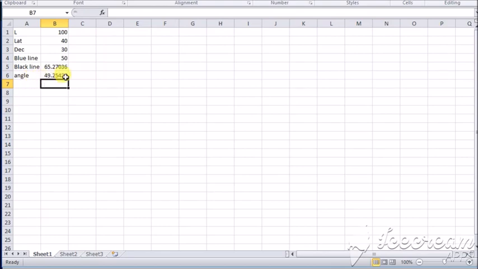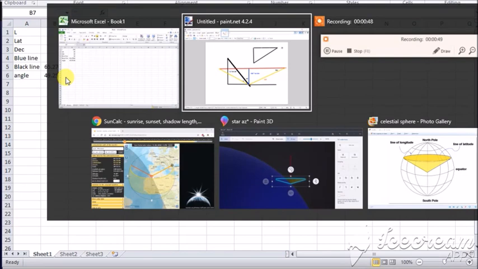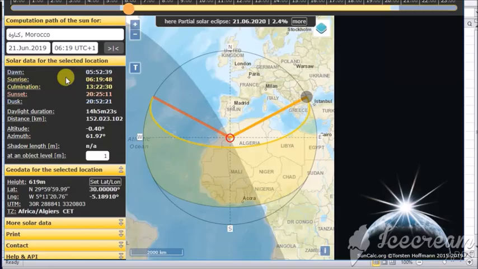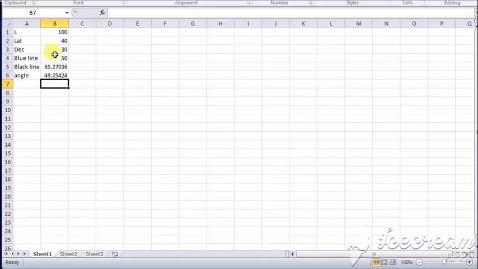Now let's go to a real life example just to confirm how we're doing. And to be honest, during this video I made a lot of mistakes. I had to cut and edit, or just pause and re-record again. So I have here the latitude is 30 and the date is 21st of June. That's summer solstice. So the declination angle of the sun is 23.44, and this is the latitude. So let's put these angles in the Excel.